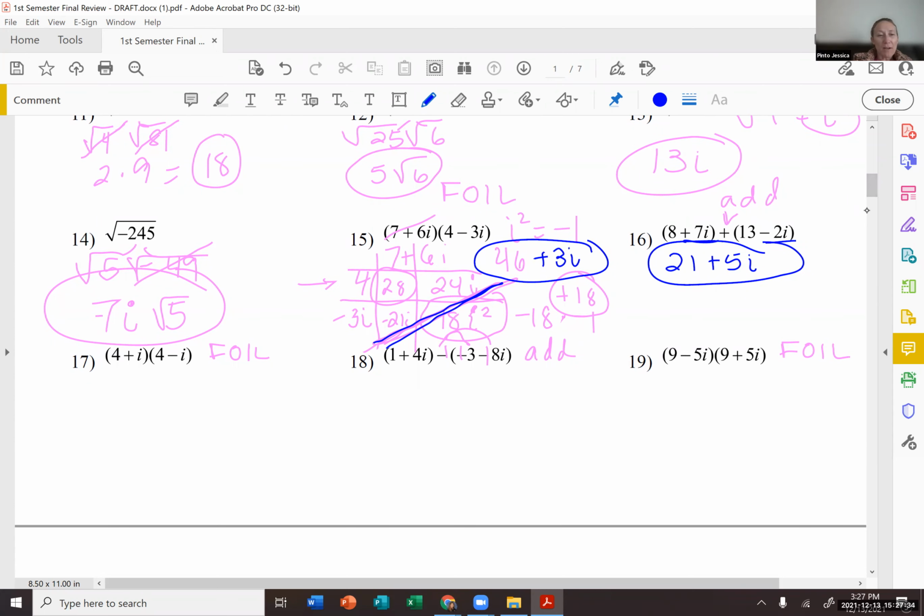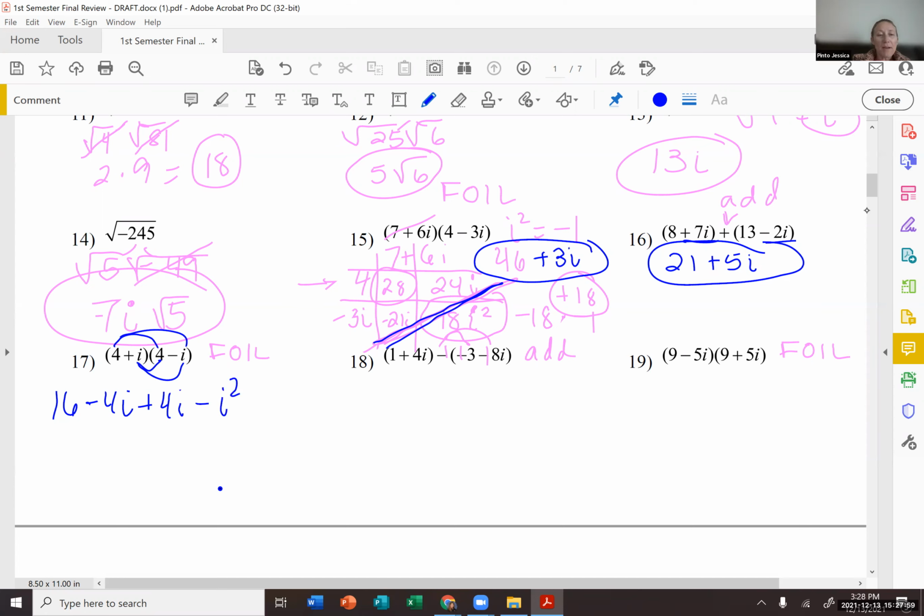This time I'm going to show it with first, outside, inside, last. So 4 times 4 is 16. What I like about the box is you can't mess up the number of terms because it kind of shows it. But here, this would be minus 4i plus 4i, and then it would be minus i squared.